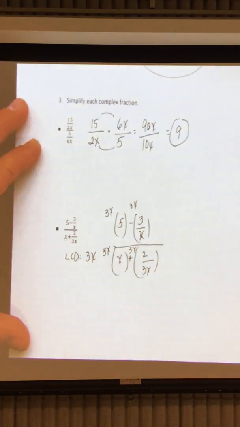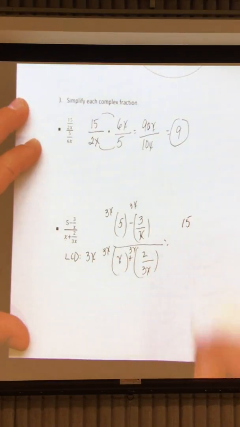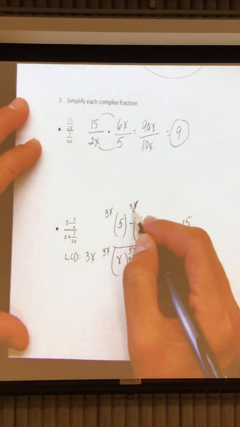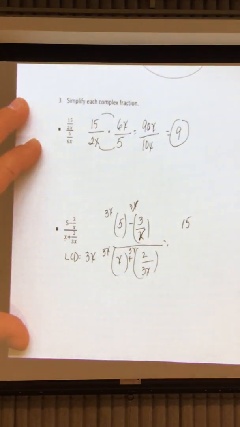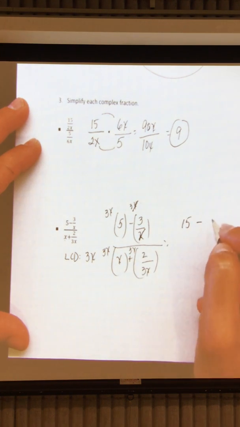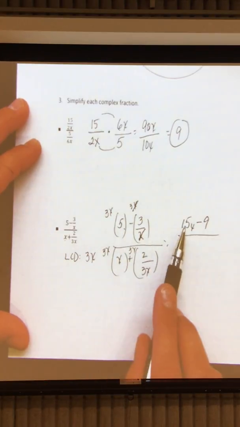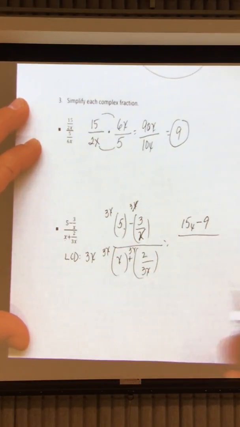So every term is multiplied by 3x. So here we have 3x times 5, which is 15x. Here 3x over x, the x's cancel, so we're left with 3 times 3 is 9.